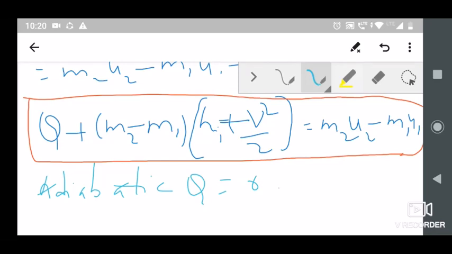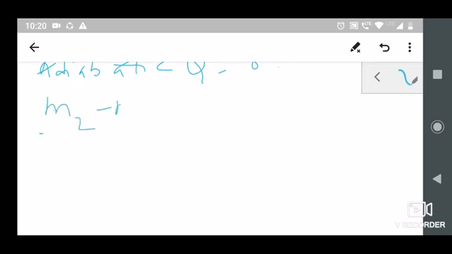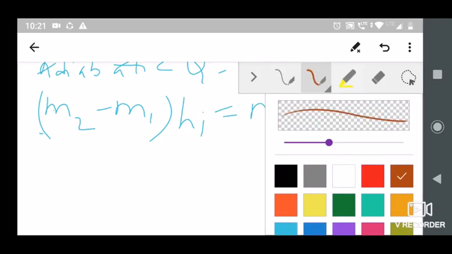Then the final equation becomes (m2 minus m1) into hi, and also there is some change in kinetic energies, is equal to m2 u2 minus m1 u1. Okay, so this is your final case for adiabatic flow.